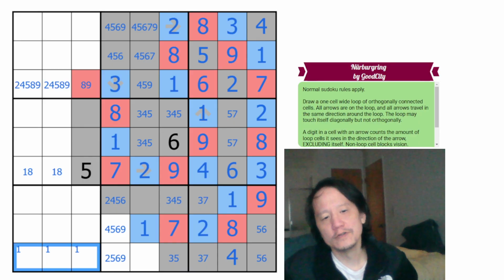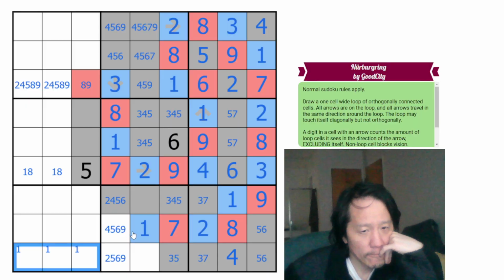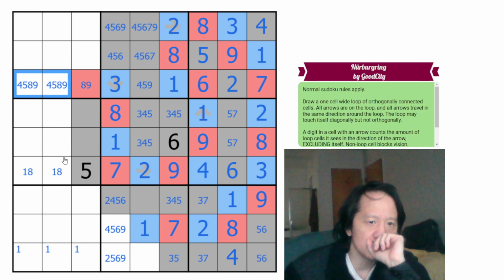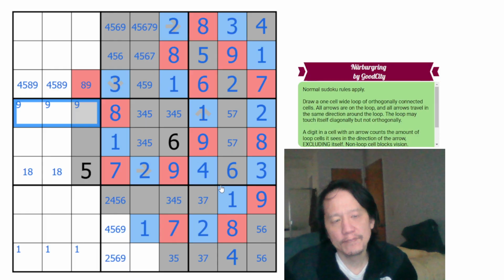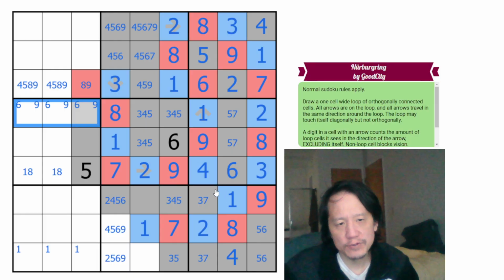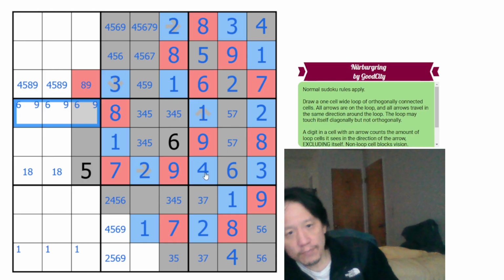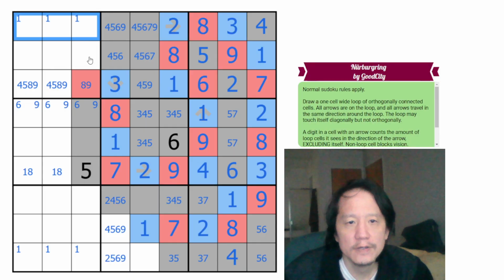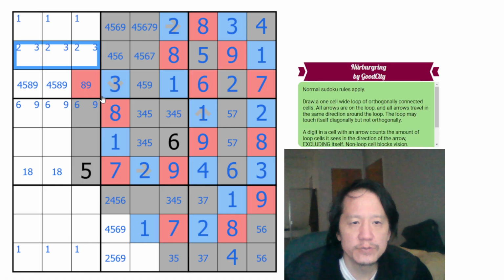So one has to be one of these 3. This can't be 2 anymore. Nine has to be one of these three. 6 also has to be one of those three, interestingly enough. 1 has to be one of these three. 2 has to be one of those three. And 3 has to also be one of those three.